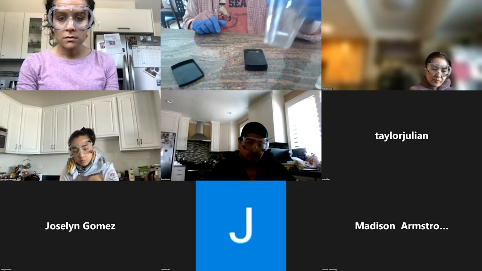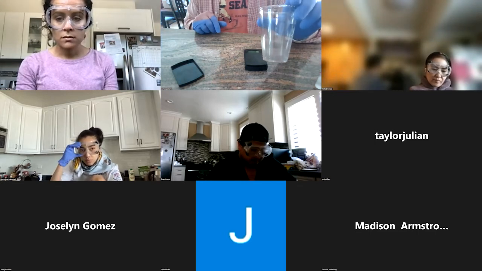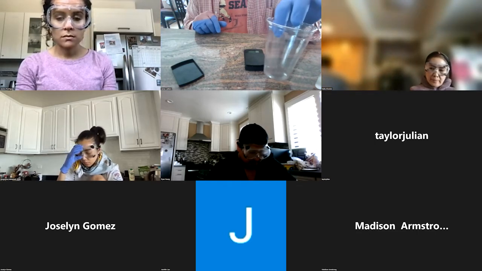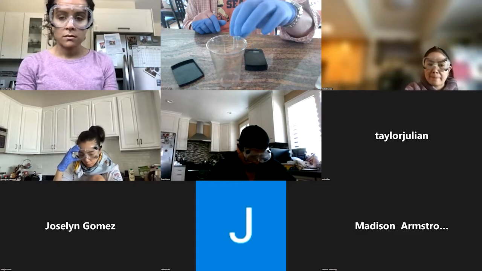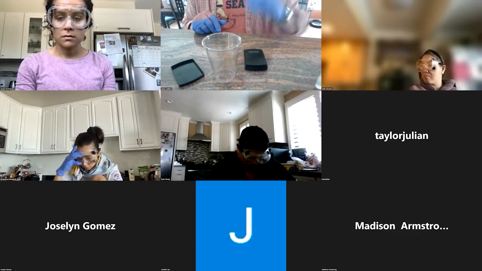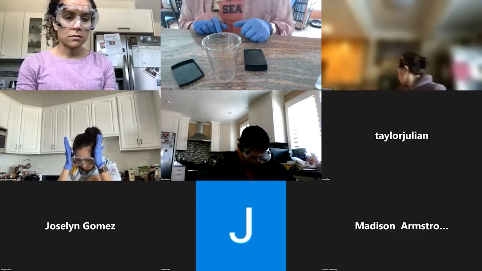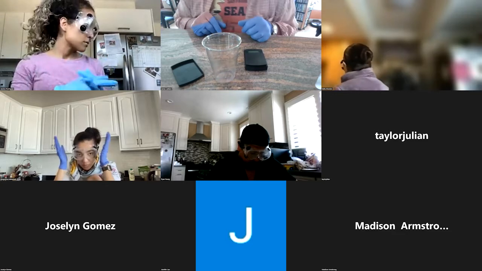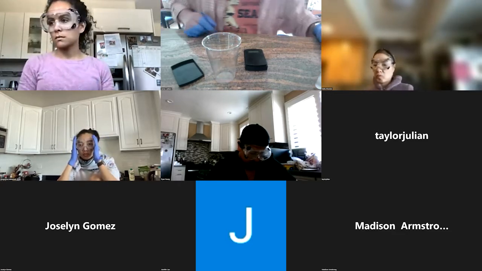Since I don't have a 100 ml beaker, I'm just going to use one of these plastic cups to make my solution. I have a number of different soaps I could try. I think I'm going to try liquid hand soap.